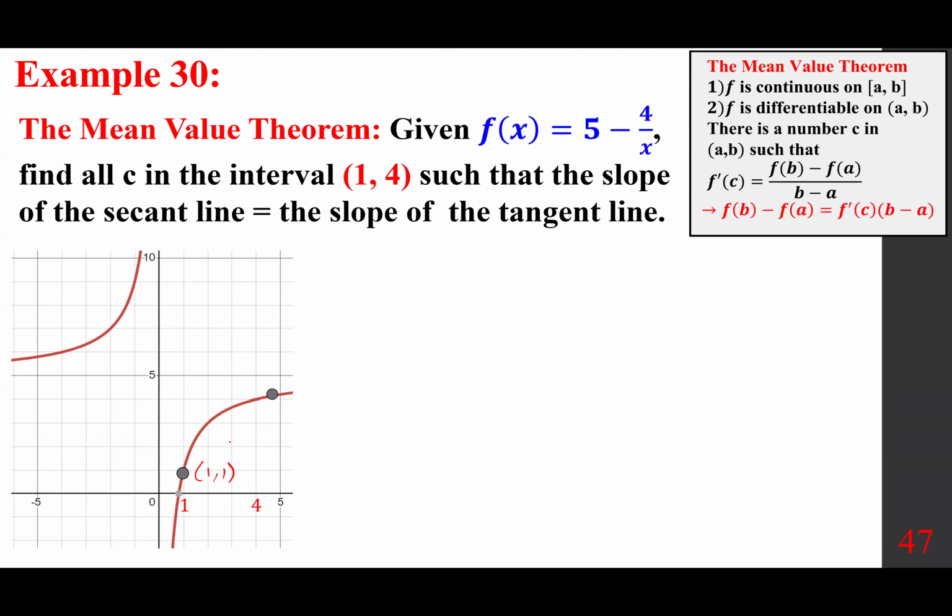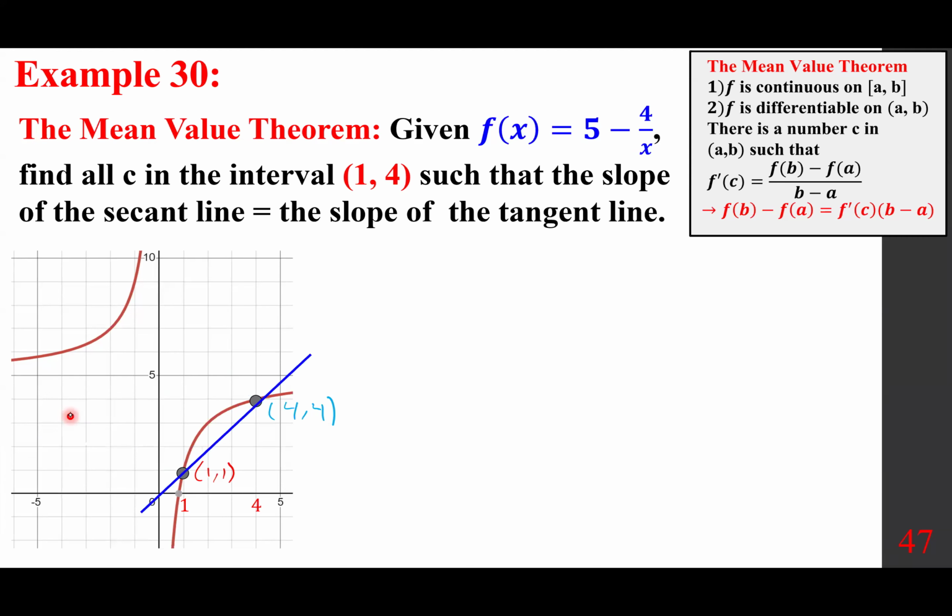And if I plug in 4, I get 1, 5 minus that is 4. So it's (4, 4). This one. Coordinates 4, comma, 4, just in case.